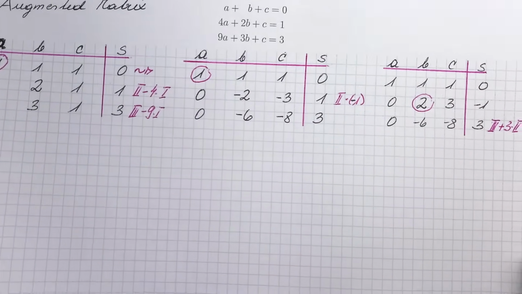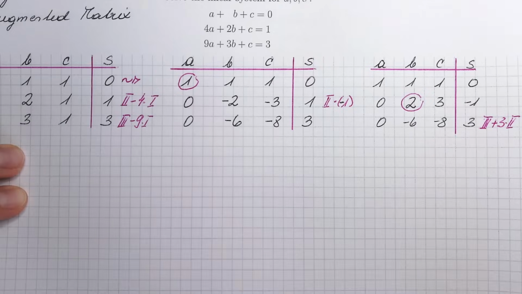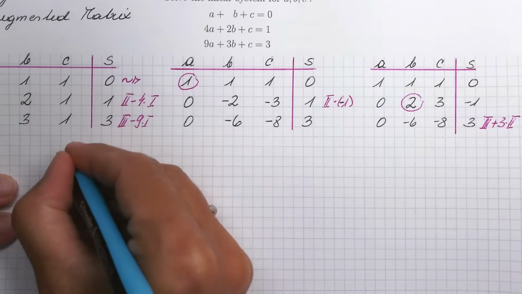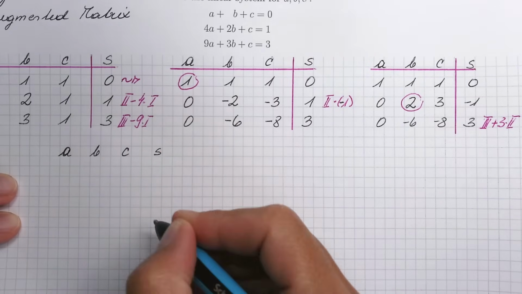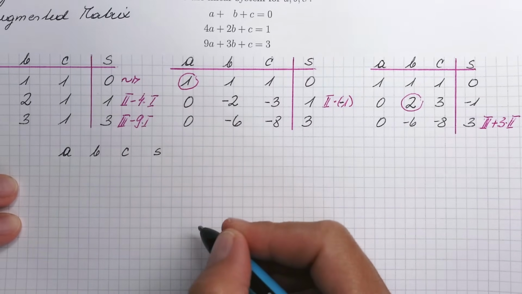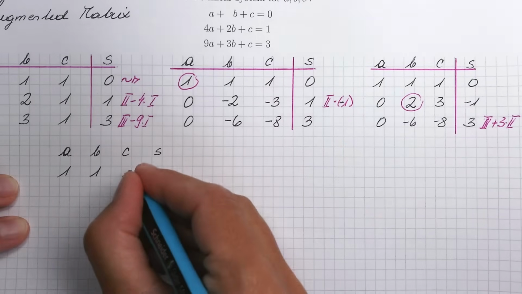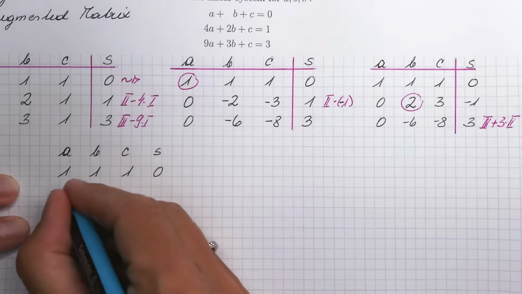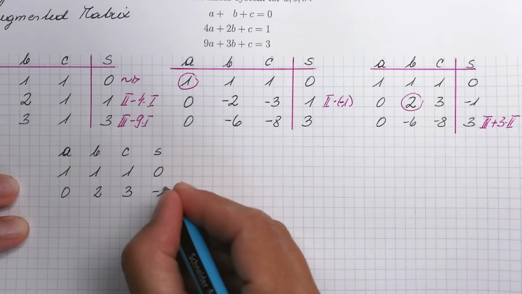Now let's write this down so that everybody can see. Again, we're going to have a, b, c, and the right side of this equation. We're going to keep the first line: 1, 1, 1, 0, and the second line: 0, 2, 3, minus 1.